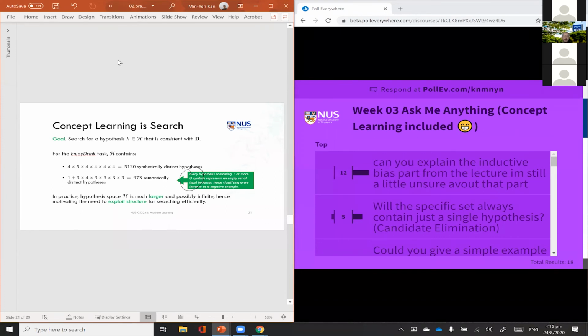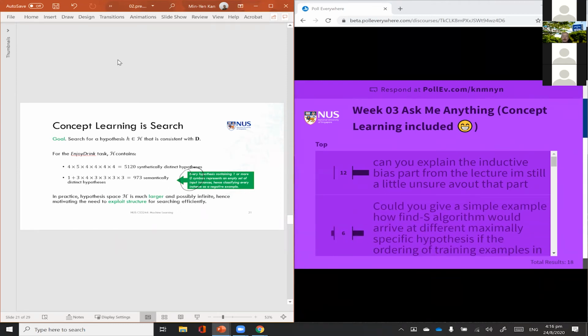So this null symbol basically says that we don't allow any attribute values, okay? Everything is dispreferred, okay? So when that happens, basically, you cannot have any positive instances, right? Because every instance that you get will have some value in that slot, right?